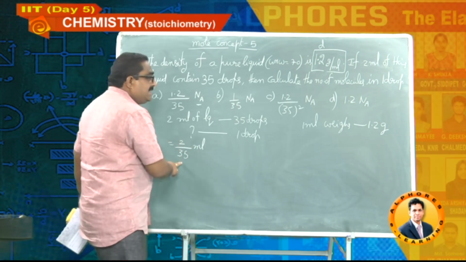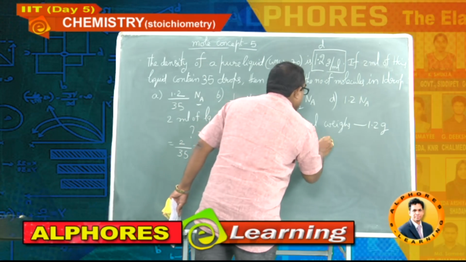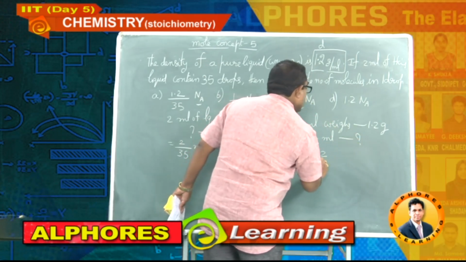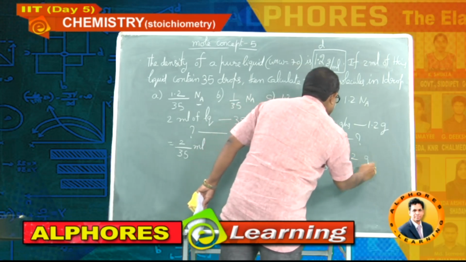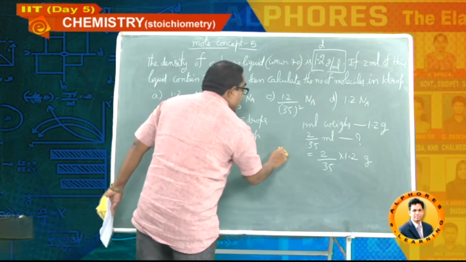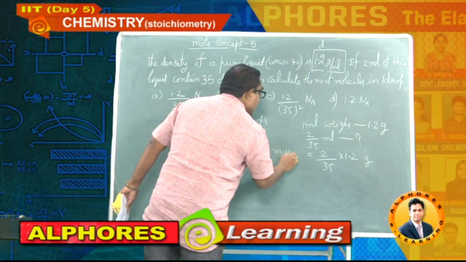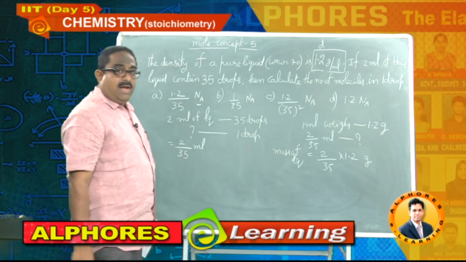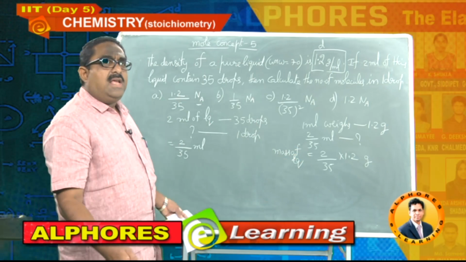But how many such ml are there? That is 2 by 35 ml, weighing 2 by 35 into 1.2 grams. Now I got the mass of liquid present in 1 drop. Remaining thing is very easy, students.